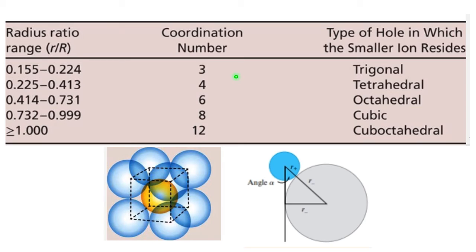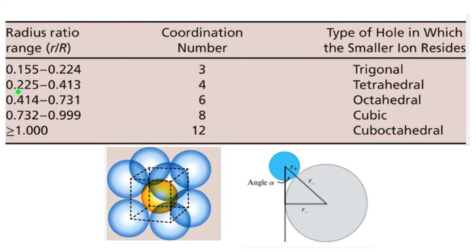If you have very small positive ion relative to negative with ratio positive to negative from 0.16 to 0.22, coordination number will be 3 and it will be sitting inside triangle.